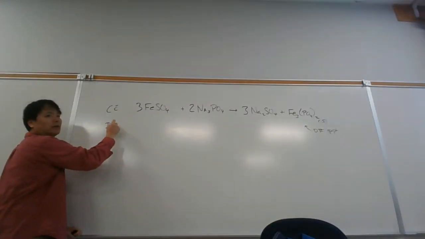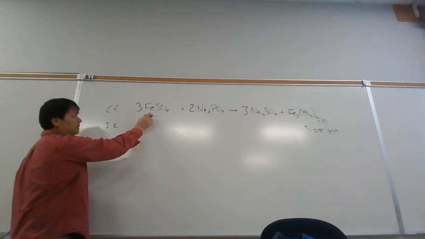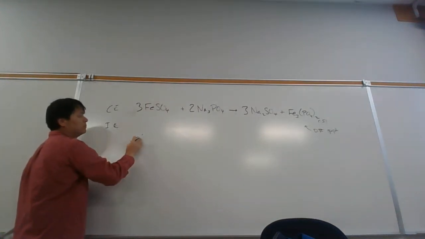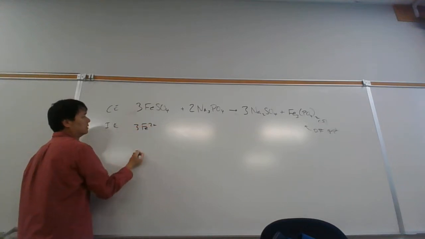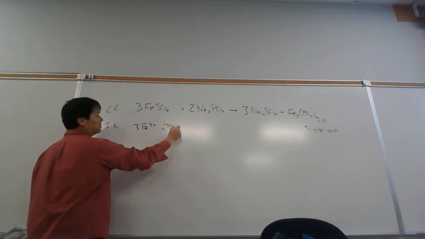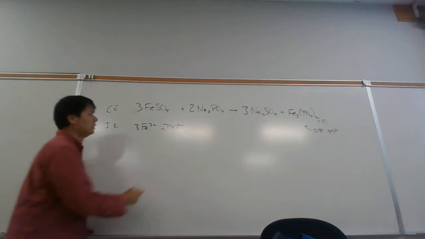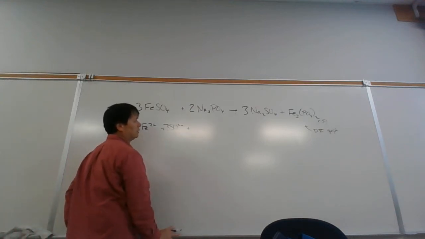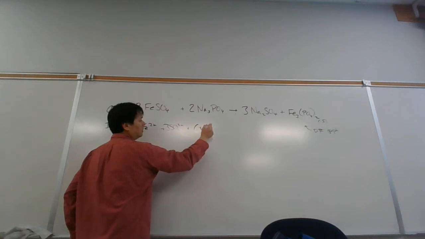And so what do we do with the IE here? Yes, split them up. And so this splits up into what? 3 Fe2+, 3 Fe2+, and 3 SO4 2-. Yeah, 3 SO4 2-. It has to balance. So this balances here. Okay, and then 6 Na+.